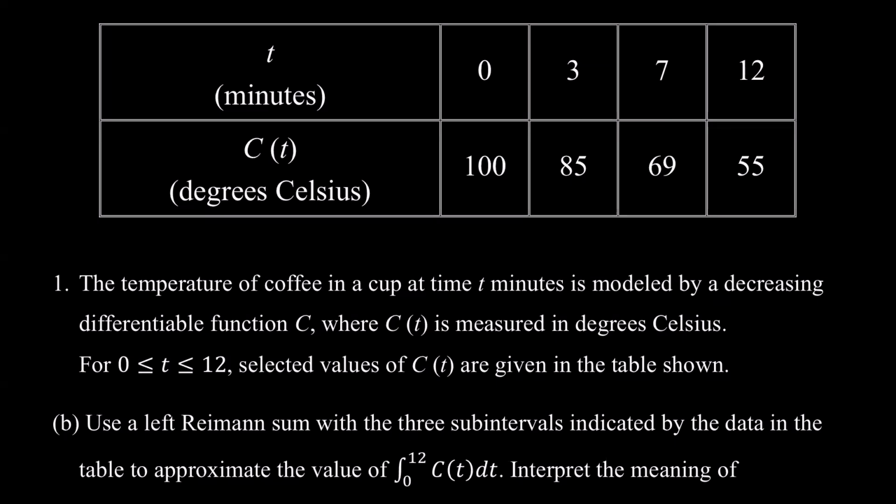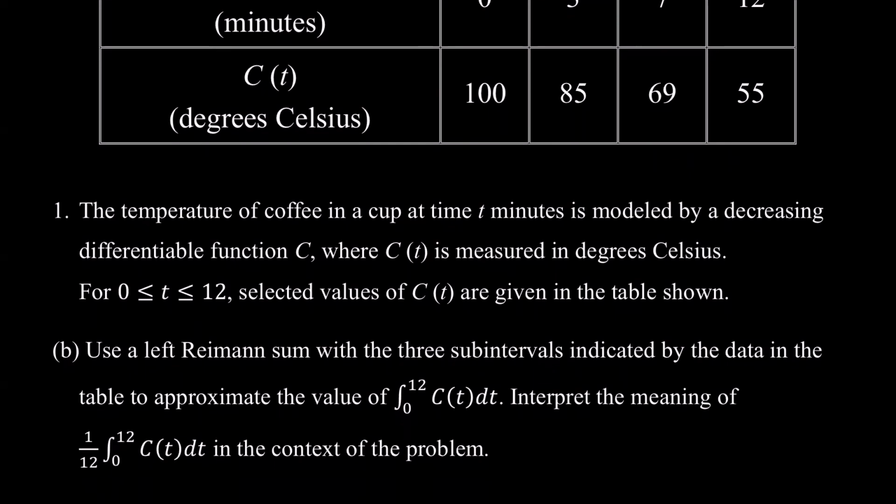In this question, we need to use a left Riemann sum with the 3 subintervals indicated by the data in the table to approximate the value of the integral from 0 to 12 of c of t dt. And then we need to interpret the meaning of 1 over 12 of this integral in the context of the problem.